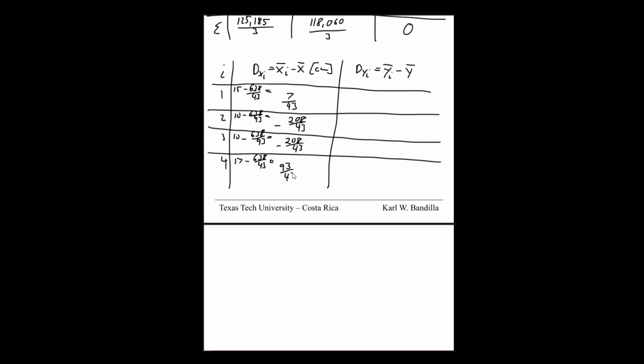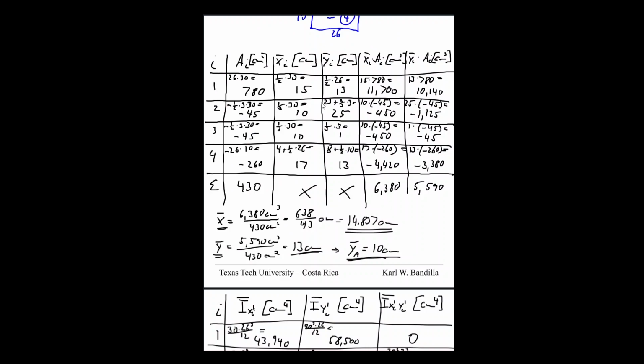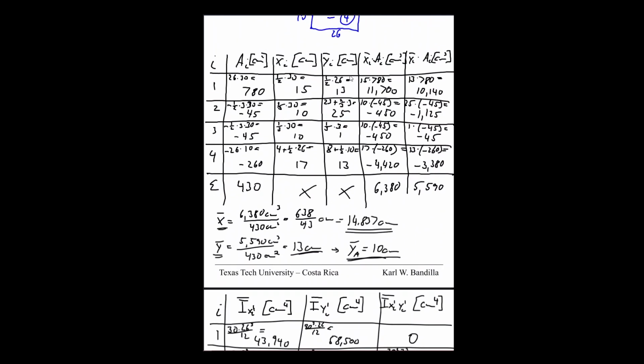All right, the dy should be a little easier because it's nicer numbers. So 13, 25, 1, and 13. That's what I had, right? Let's see. 13, 25, okay. And my overall was 13.